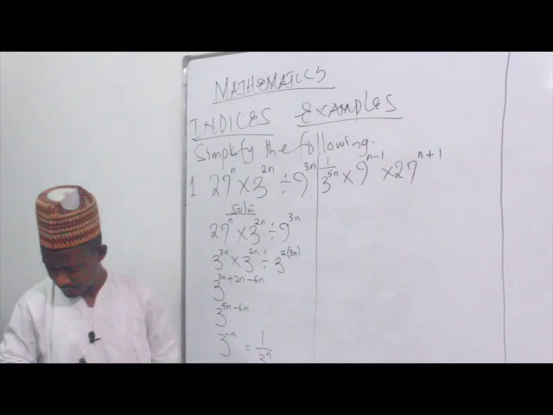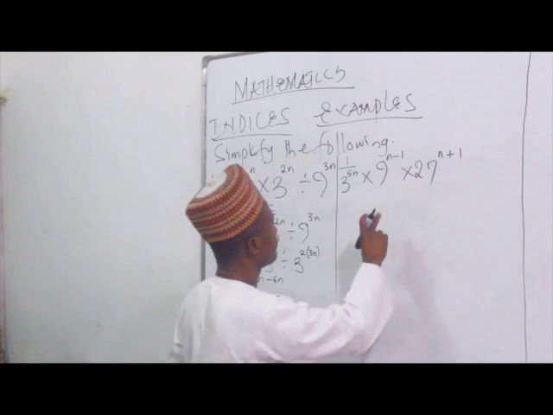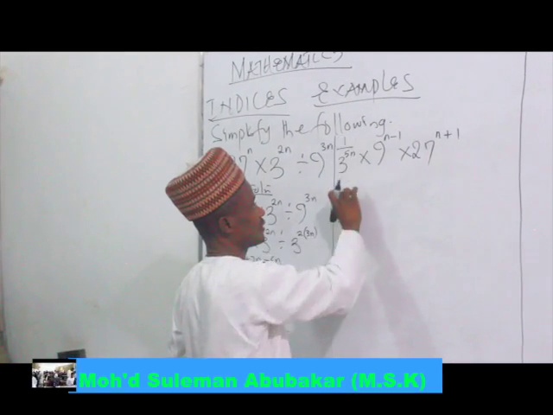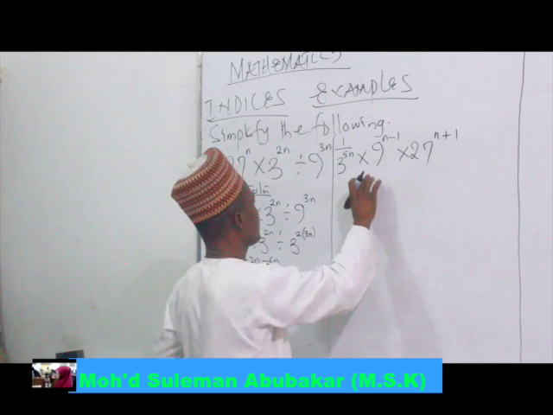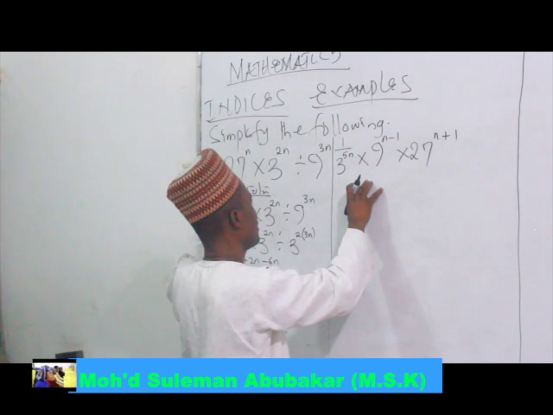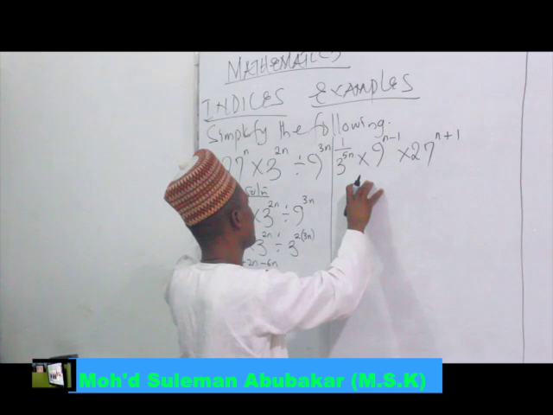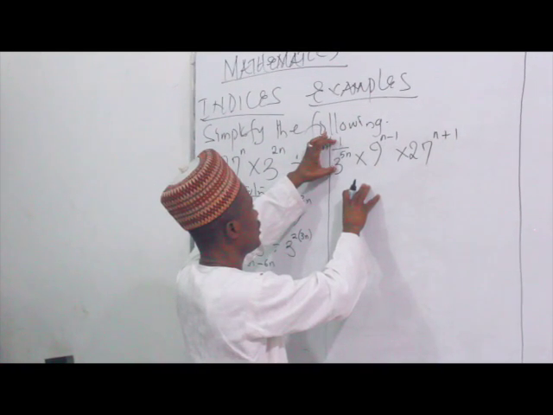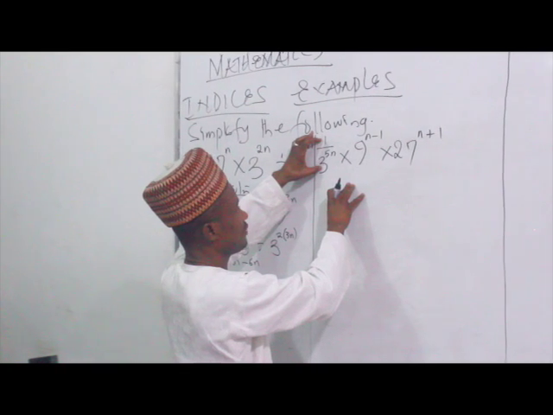In this case, we have a fractional index. This is almost similar to example 1, but the only problem here is that the initial is given in fractional form.